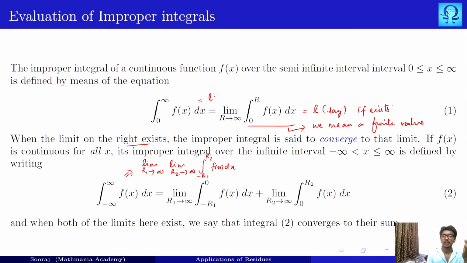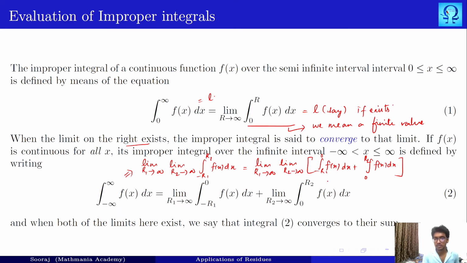Using the properties of integration, we split this into integral minus r1 to 0 f of x dx plus integral 0 to r2 f of x dx. Now we just split these things, right?